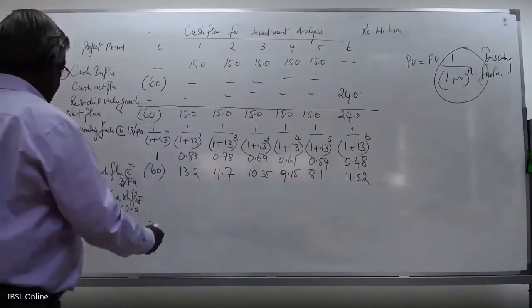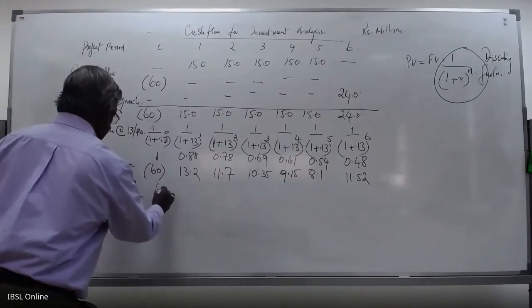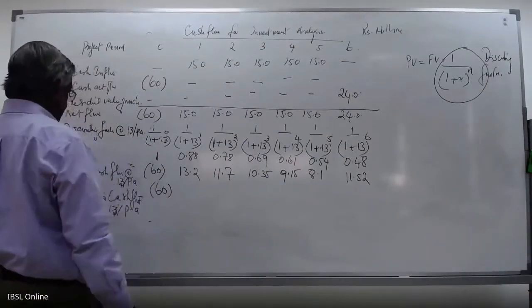So this is 60, that is negative, that's the cash outflow.